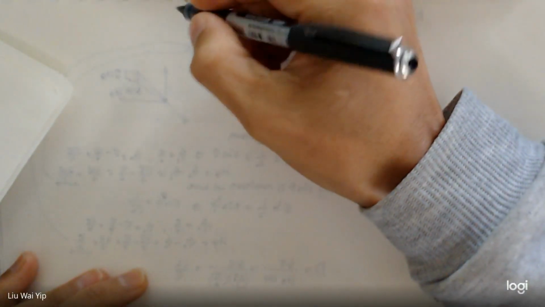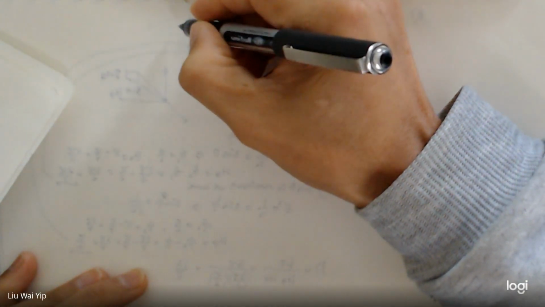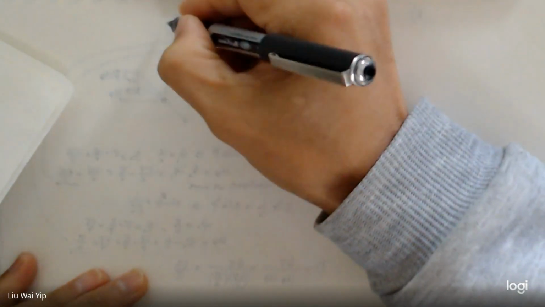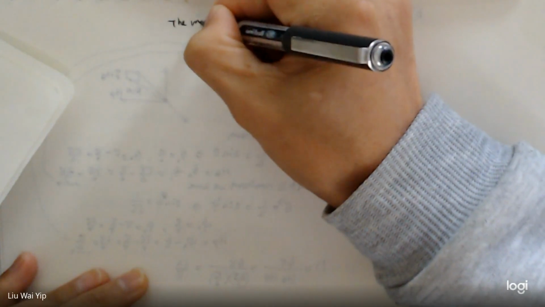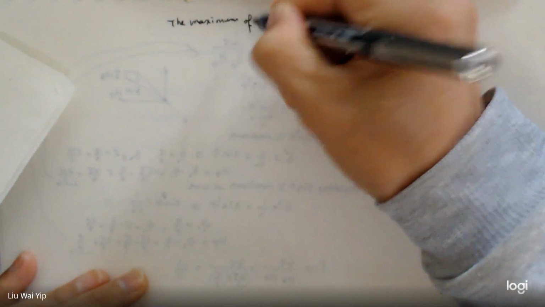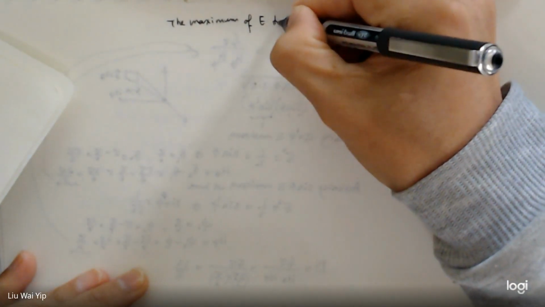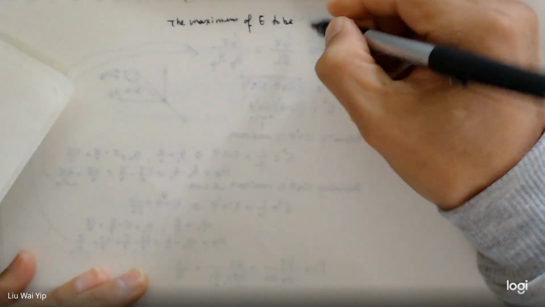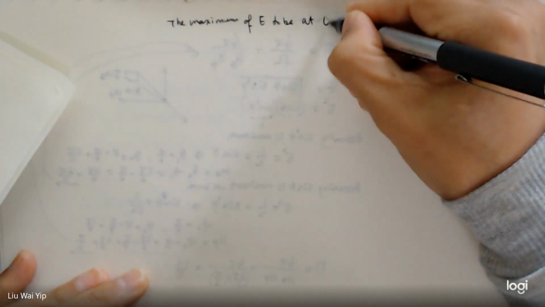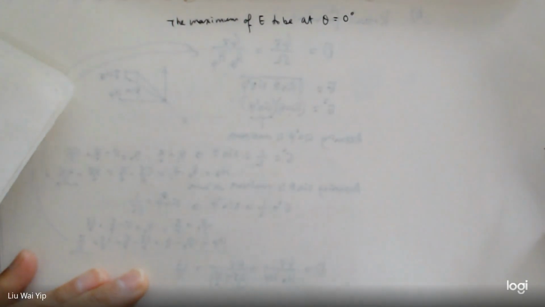So we want the maximum of E to be at theta equal to 0 degrees. So this is what is dictated by the question.